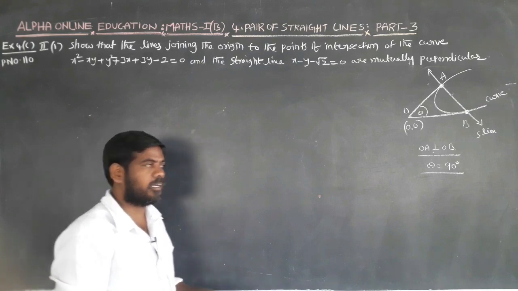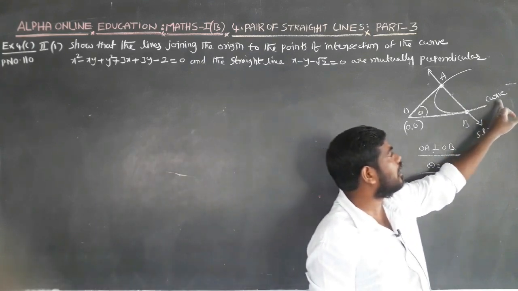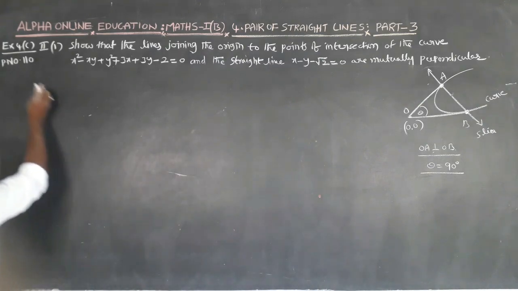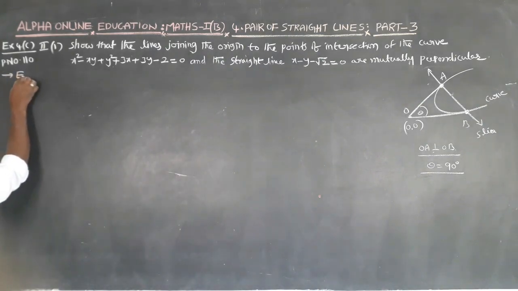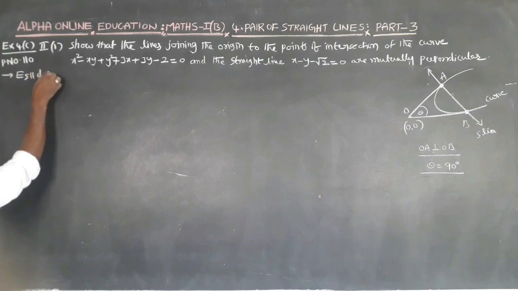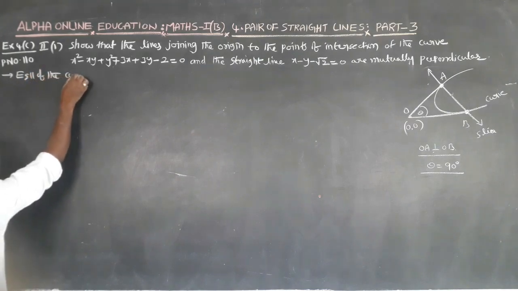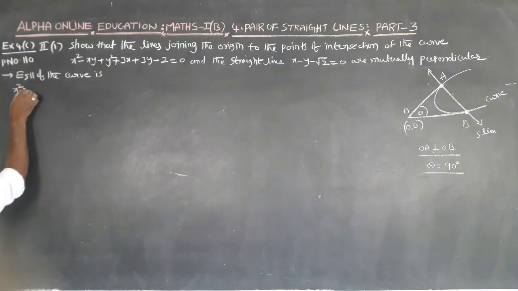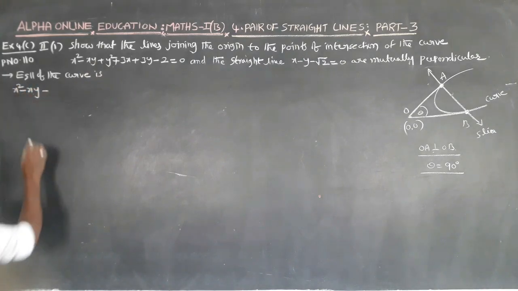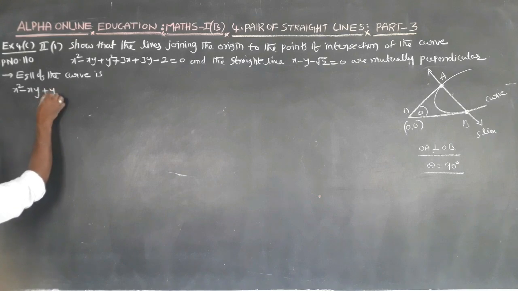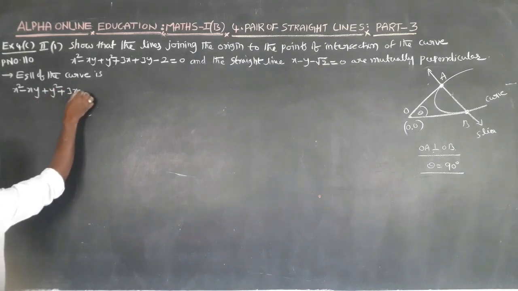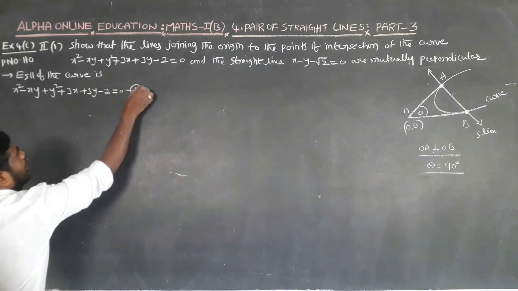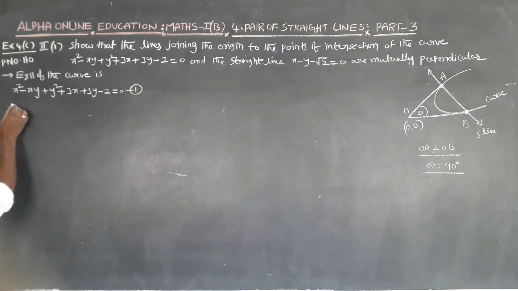So first of all, homogenizing the curve with the help of the line. The equation of the curve is x square minus xy plus y square plus 3x plus 3y minus 2 is equal to 0.